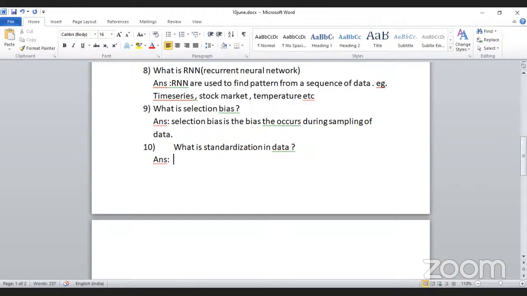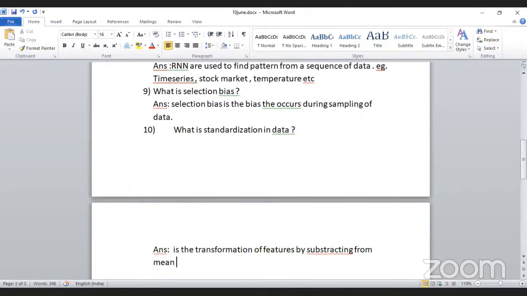We can say it is the transformation of features by subtracting the mean of the data, and then dividing it by the standard deviation.